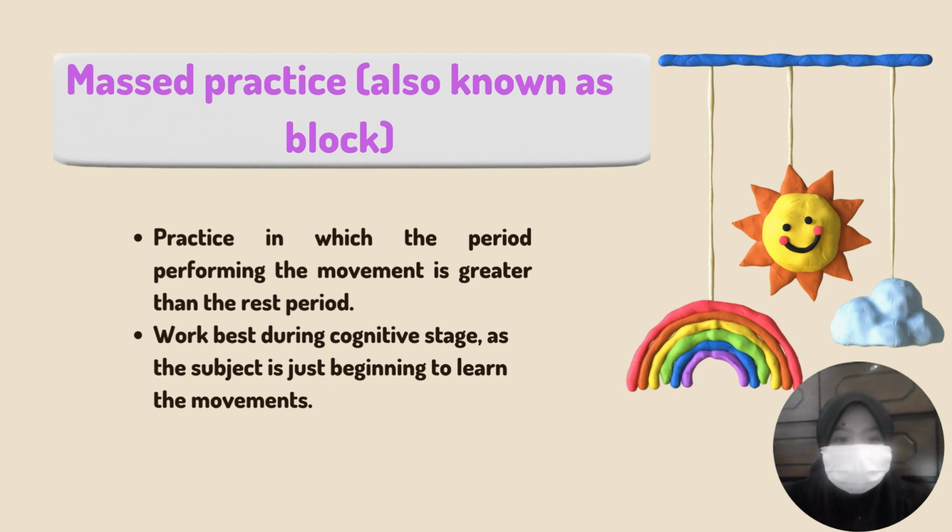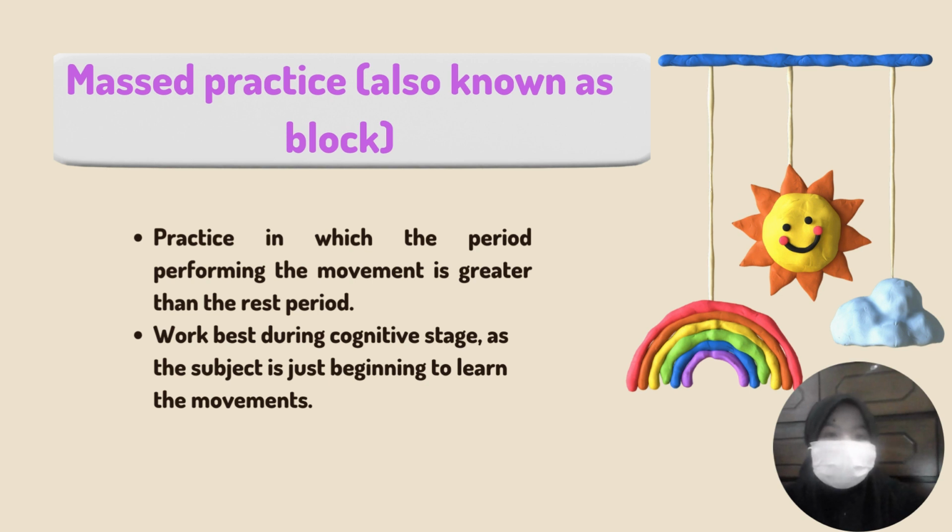In mass practice, for example, we may work on a grab and release pattern by asking a child to pick up 10 blocks and put them all in a container or in cups, taking a break, and then repeating the game again.